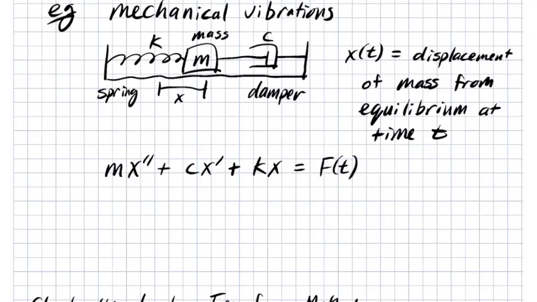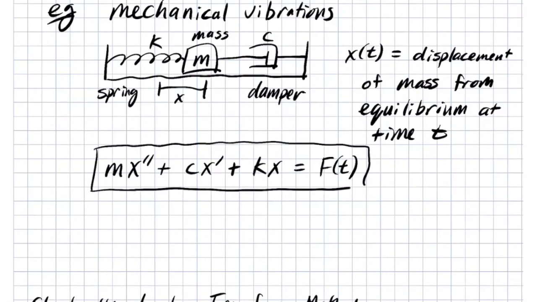So maybe at every time we're pushing this mass one way or another, back and forth, kind of like a sine wave force, like a spinning washing machine or something like this. So an external force. And here we have a second order differential equation.